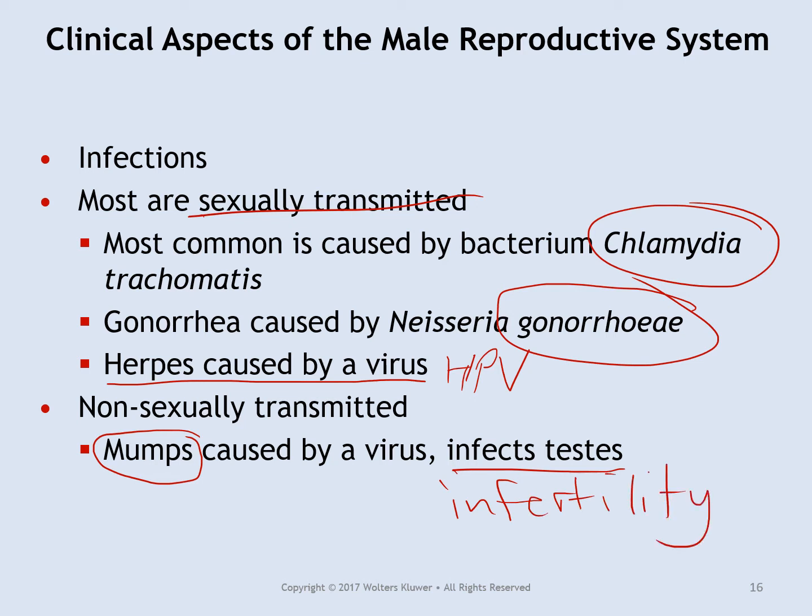So, this boy has mumps when he's 7, and then 20 years later is trying to start a family and can't have kids and can't conceive, and finally finds out it's because he had mumps when he was younger and that virus got into the testes. This is one of the reasons why we vaccinate against mumps. We vaccinate against it to protect the men in the community and to protect against that unfortunate side effect of the infection.